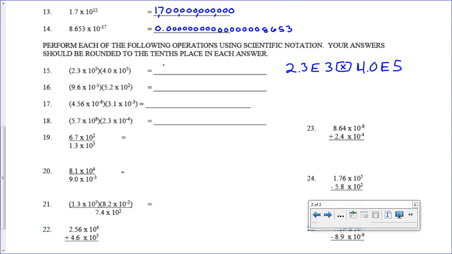All right, it spits out 9, 2, and then it's 7 zeros. All right, so you can write that down as an answer, or because you're especially savvy now with scientific notation, you could just write 9.2 times 10 to the 8th. Either one of those would be acceptable.